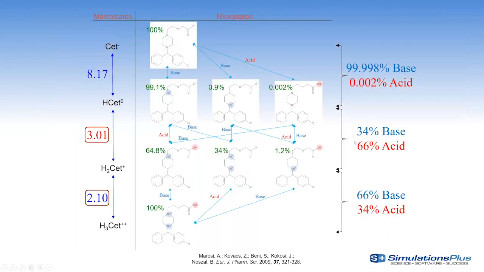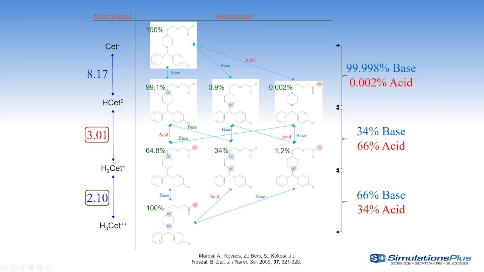If you look at cetirizine, for example, you have almost pure base for the first transition. Yes, I give you that. That is the summation of these microstates. But if you sum proper microstates for the other 2 transitions, it's not so obvious. You have only 66% acid, 34% base, and vice versa.